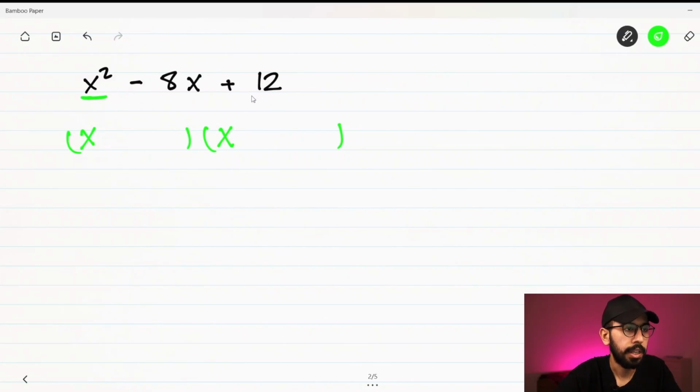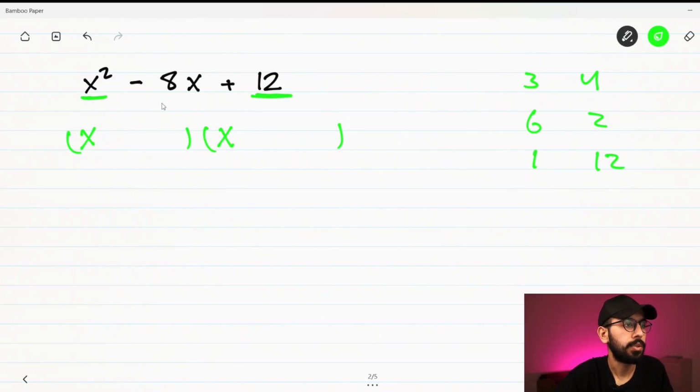Then we look here: what are the two numbers that multiplied give 12? We have 3 and 4, 6 and 2, and 1 and 12.